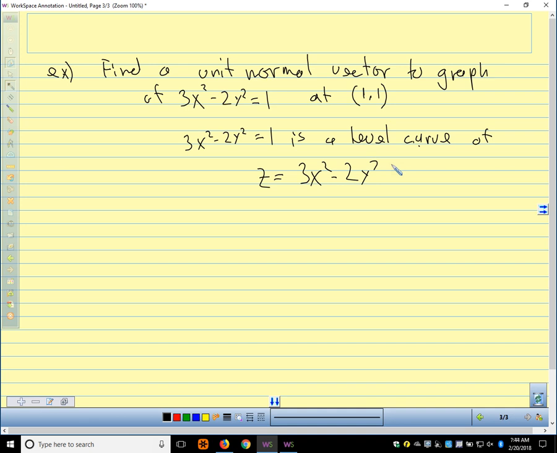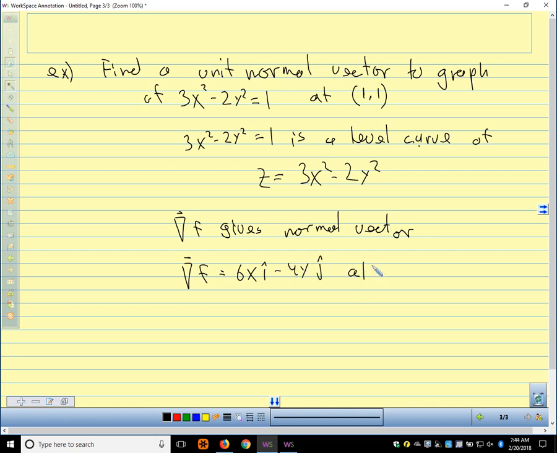Del f gives us a normal vector, because we know that del f is normal to that level curve. When we find the gradient, del f is a nice easy derivative: 6x i hat minus 4y j hat.